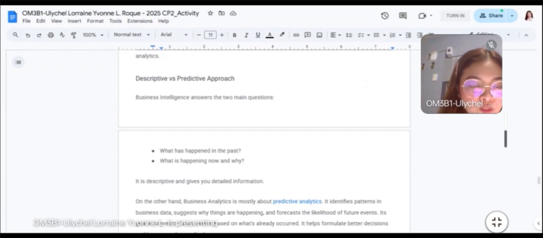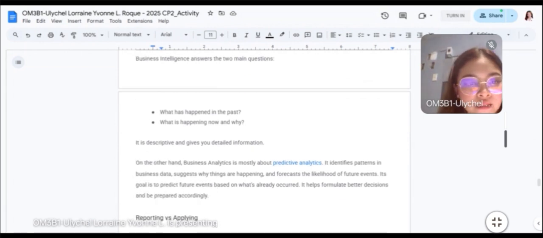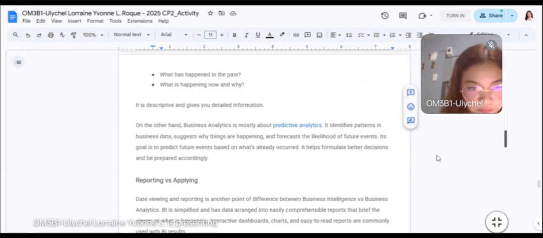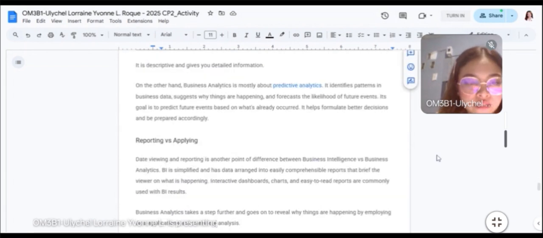Descriptive versus predictive approach. Business intelligence answers the two main questions: what happened in the past, and what is happening now and why. It is descriptive and gives you detailed information. On the other hand, business analytics is mostly about predictive analytics.